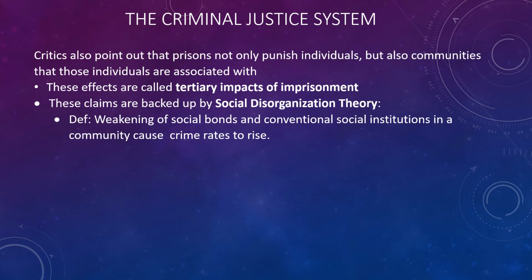So if enough people from a given community are taken out of the community and put into prisons, then the community gets worse and worse, and thus as it gets worse, more people are driven to crime and go to prisons, and then this causes some areas to spiral out of control and fall apart.